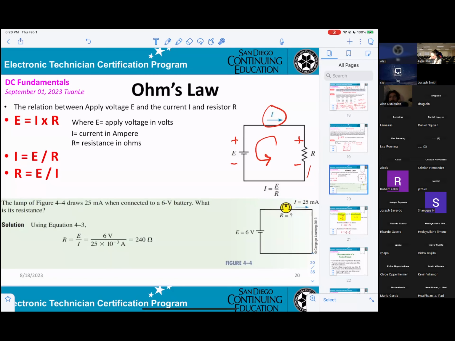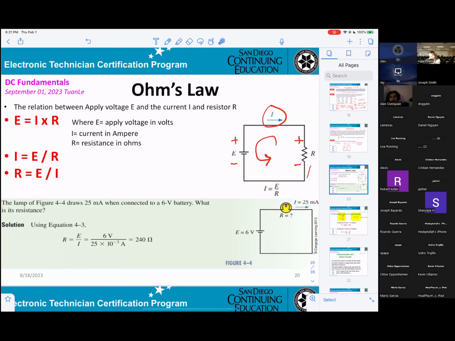First, the total voltage E equals I times R. If you want to calculate I, it is E divided by R. If you want R, you take E divided by I. Here, E is the applied voltage in volts, I is the current in amperes, and R is the resistance in ohms.